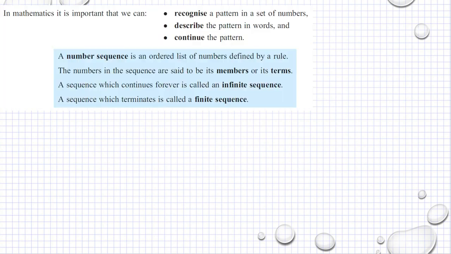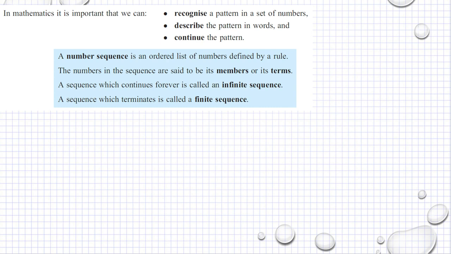In mathematics, it is important that we can recognize a pattern in a set of numbers, describe the pattern in words, and continue the pattern. And like I said, there are members, and if the members are indefinite, then it is an infinite sequence, and if not, then it is finite.